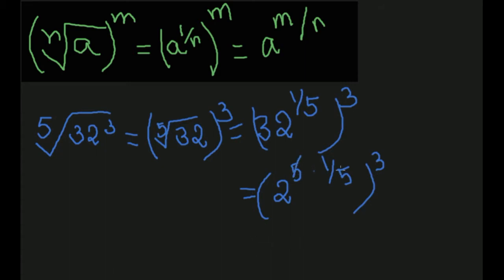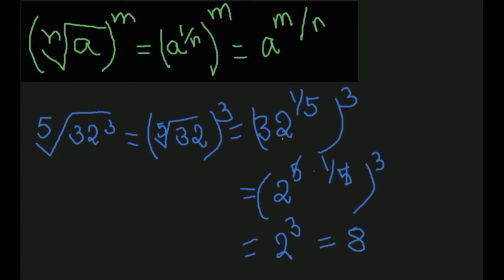So this is cancelled. It is equal to 2 to the power 3 and it is equal to 8. So this is the use of the first property. How we will use the first property, I showed in this example.